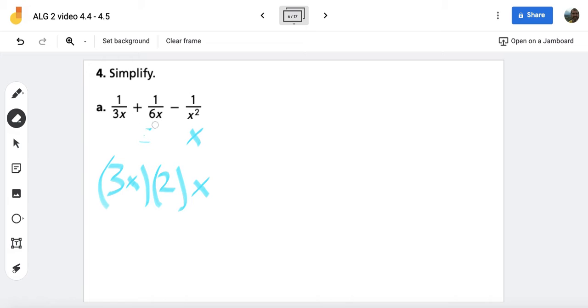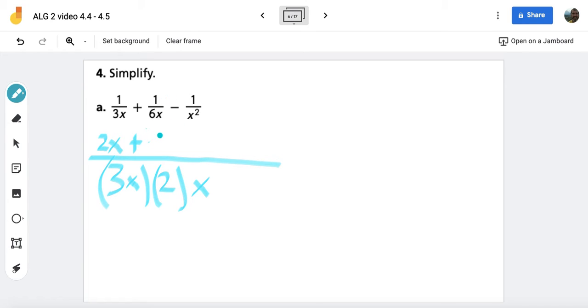All right, let me use this space right here to write the numerator. Now the numerator has, wow, this has got 3 parts. That's okay, we can handle that. What's this missing? This is missing the 2 and the x, so 2x times 1 is 2x. Plus, what's this one missing? This is 6x, so it's just missing the x.